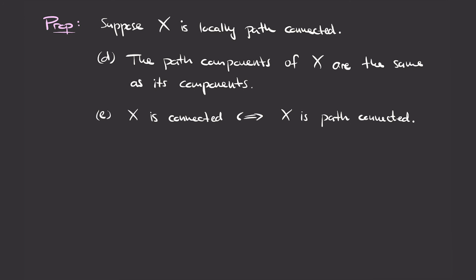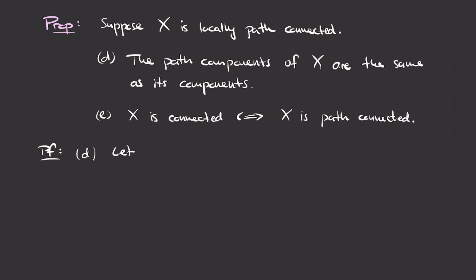You can just go between them at will. Okay, so let's give a proof of this. Part D will use the fact that we've shown that in locally path-connected spaces, the path components are both open and closed, and similarly in locally connected spaces, the components are both open and closed.